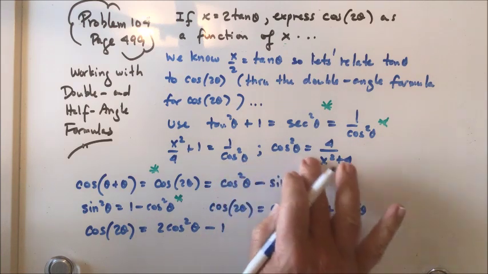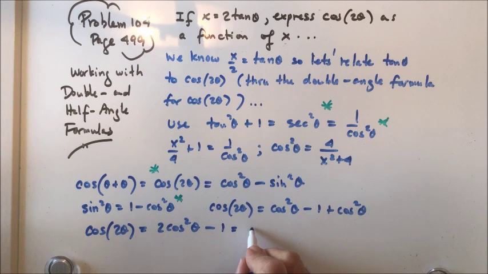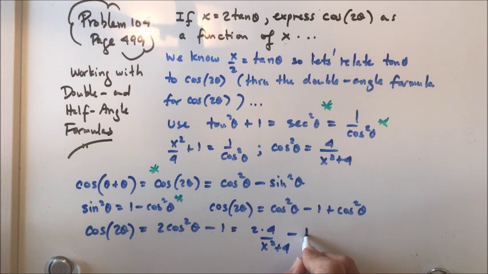And what is cosine squared? Well, it's right there. So it's 2 times 4 all over x squared plus 4, minus 1. 2 times 4 is 8. Okay, let's make this into one fraction. So that's 8 minus x squared plus 4, all over x squared plus 4.